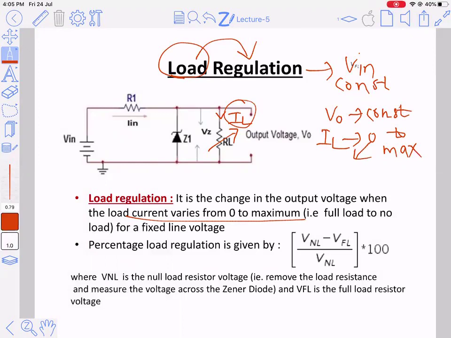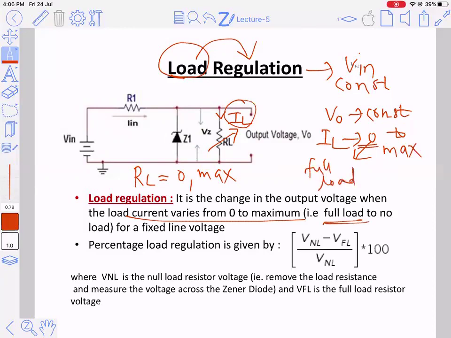When is the current 0? When there is no load in the circuit. Is RL 0 or maximum? In which case will you have RL maximum? Yes, perfect. So your current is 0, that means you are on no load. When the current is maximum, you are on full load.